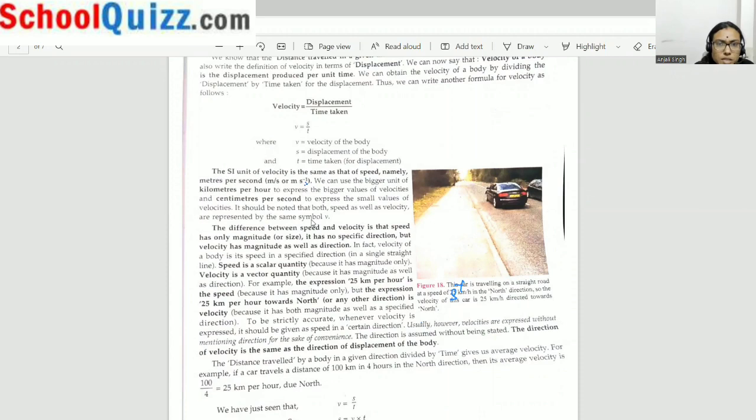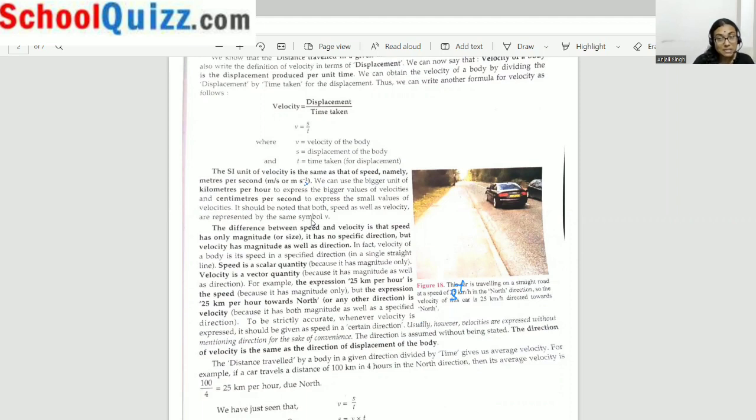Now we'll see the difference between speed and velocity. Speed is a scalar quantity, but velocity is a vector quantity. Why is velocity a vector quantity? Because velocity tells you about displacement upon time taken, and displacement is a vector quantity.